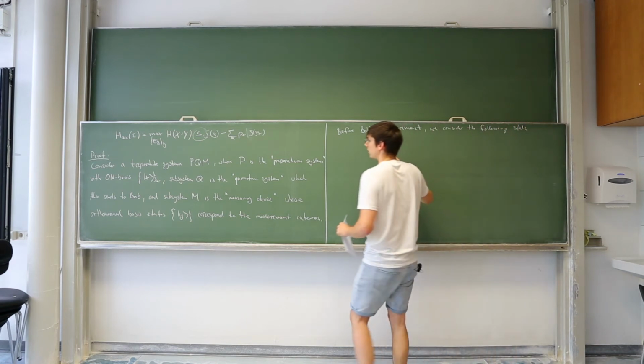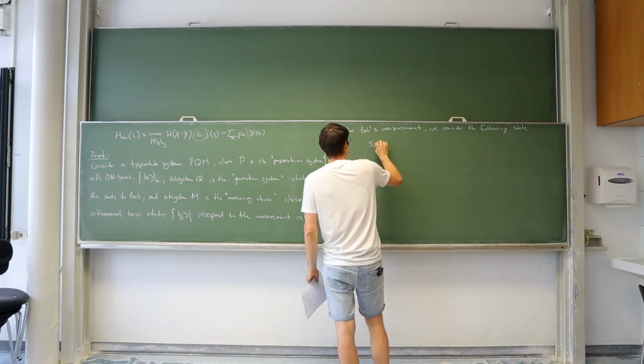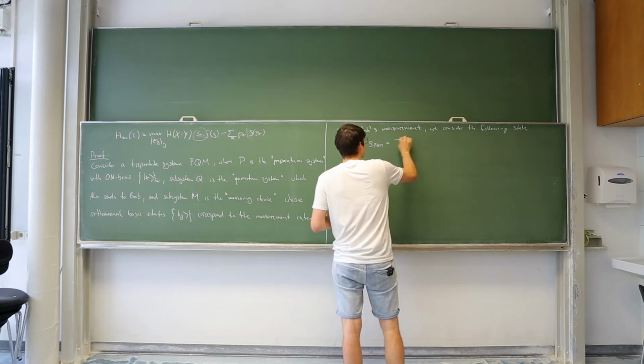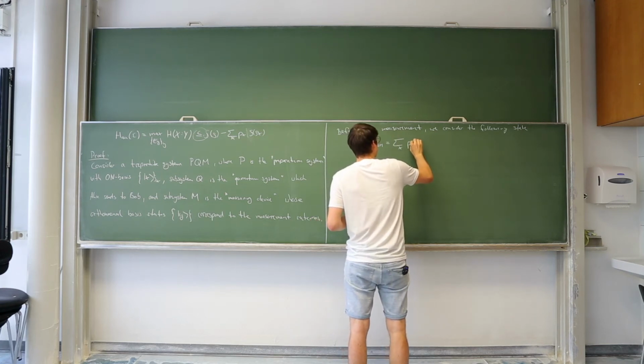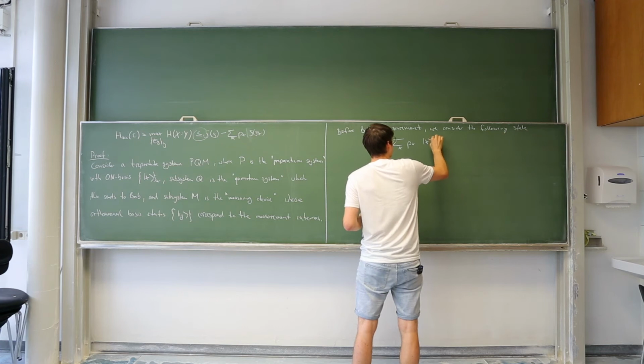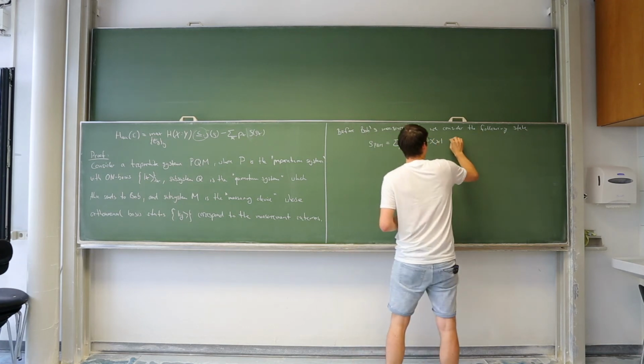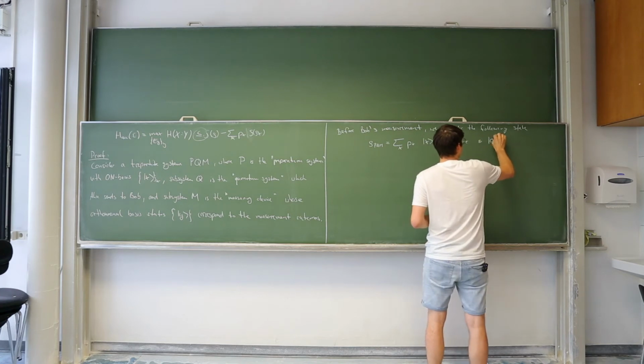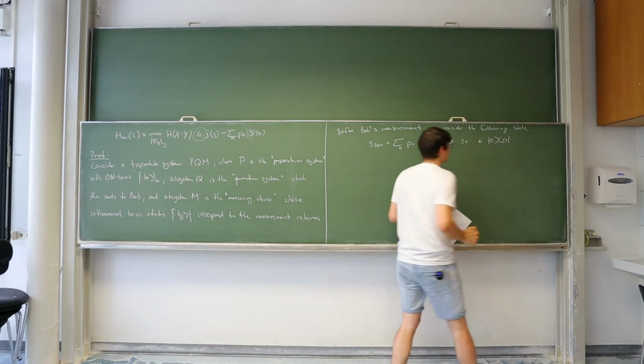So we have rho PQM equal to the sum over x of p_x, and in the state x, our quantum system is in state rho x, and the measurement device is in some state 0, which is the initial state.